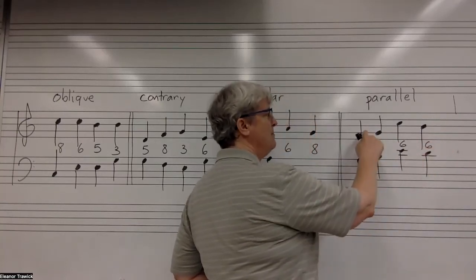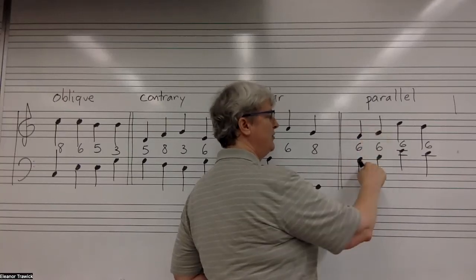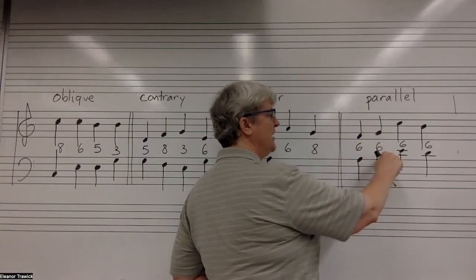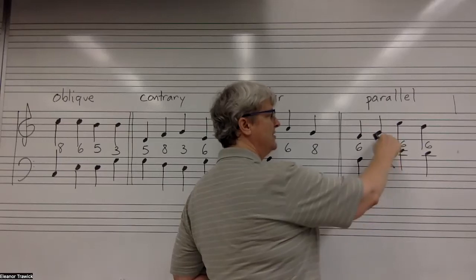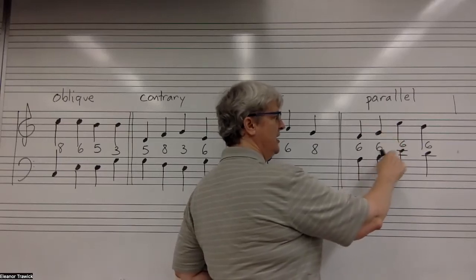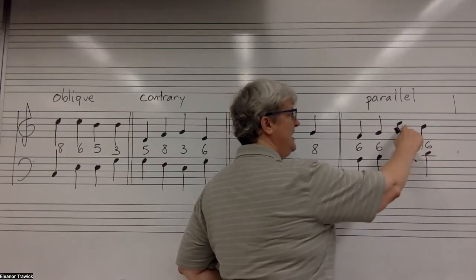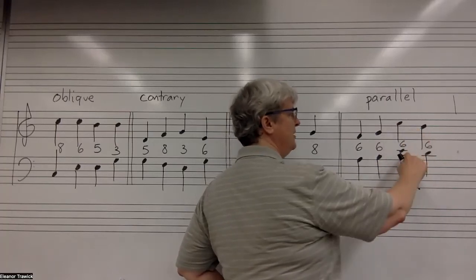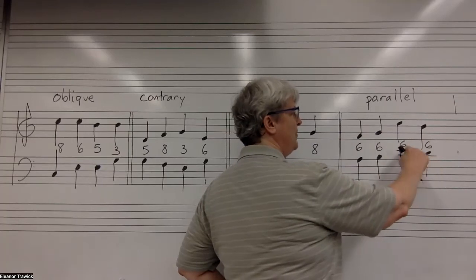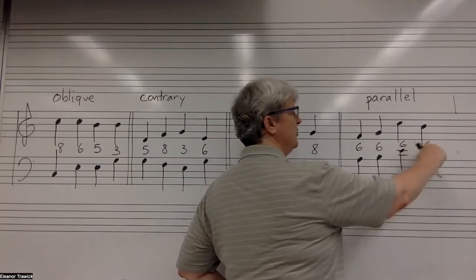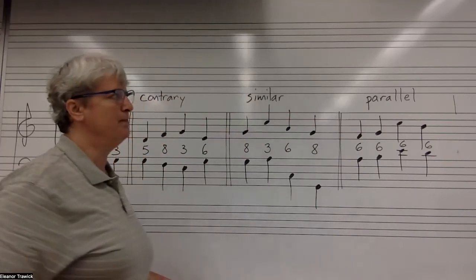They both move by a second. Doesn't matter whether it's a major or a minor second. So they get to another harmonic dyad that's a 6th. Then they both move by a 4th, so they're still a 6th apart. And then here, the C moves down by half step, the E moved down by whole step, but the interval size between the notes is still the same, and that's parallel motion.